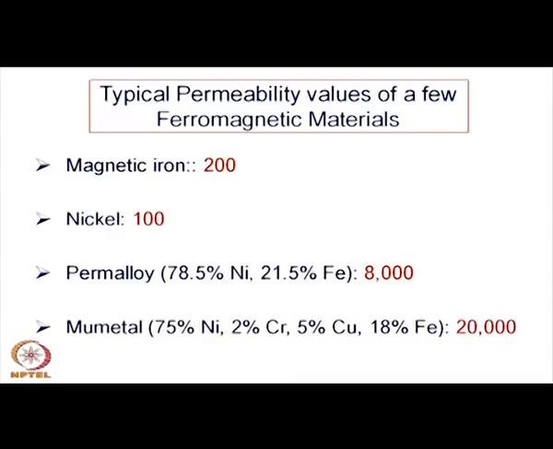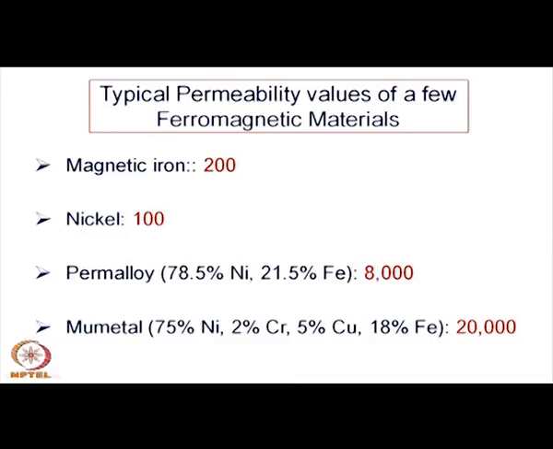For ferromagnetic materials, these are not susceptibilities, I am sorry, this is permeability, mu, which is much greater than 1. Magnetic iron is 200, nickel is 100, permalloy, an alloy of nickel and iron, about 8000, and another alloy, again a permanent magnet, 75% nickel and 18% iron, with some amount of chromium and copper.